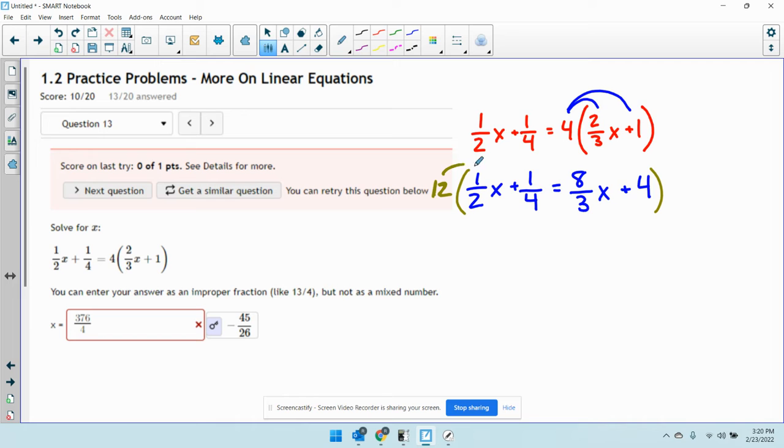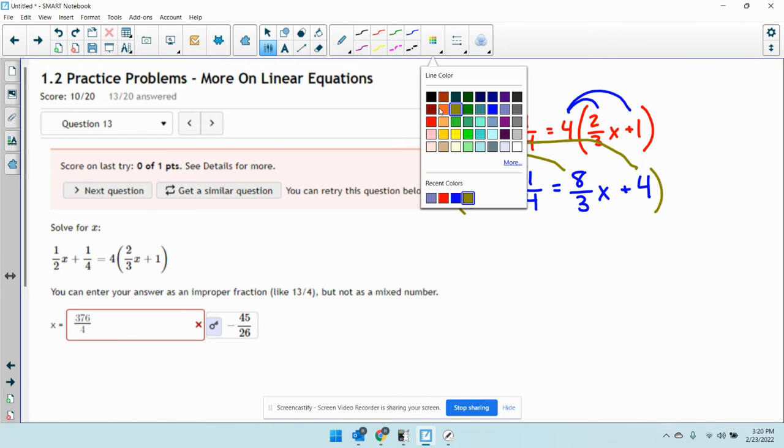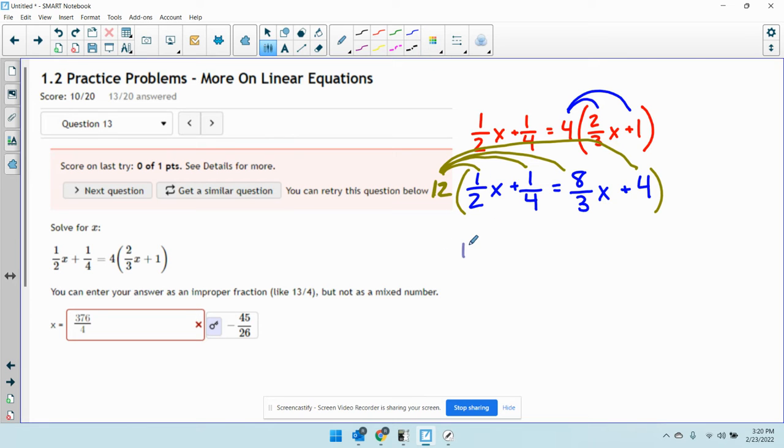So when I distribute this 12 to every term in the equation, if you don't distribute it to all four terms, it's going to change the value. So when I do that, I get 12 times 1/2 is 12 halves, x. 12 times 1/4 is 12 fourths, equals 12 times 8/3. 12 times 8 is 96 thirds, x, plus 12 times 4 is 48.